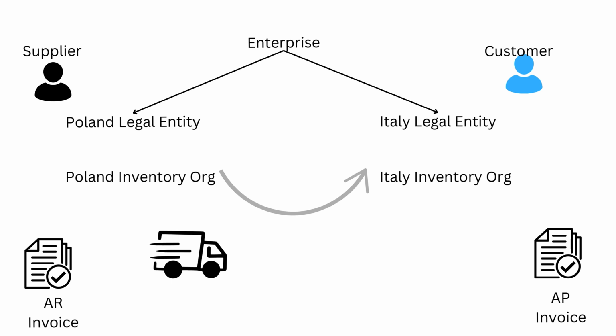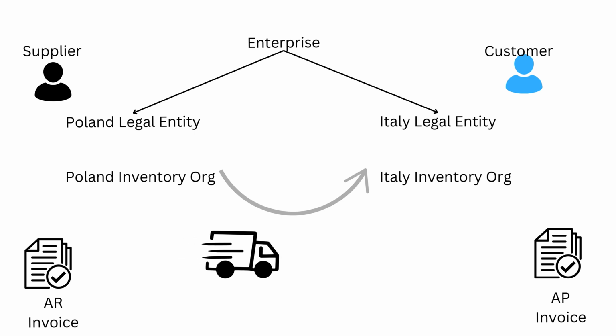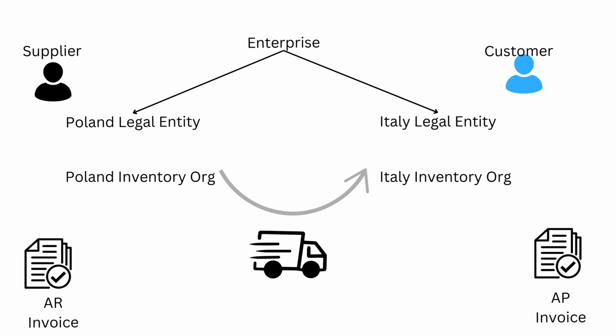So this is the last step in which I'll be demonstrating how these intercompany invoices are getting created. This gets created if you configure financial orchestration properly. This is between two legal entities. So when the transaction is happening between two legal entities, like my Pepco Poland is selling the goods to Pepco Italy, both are two different legal entities and they are in trade.